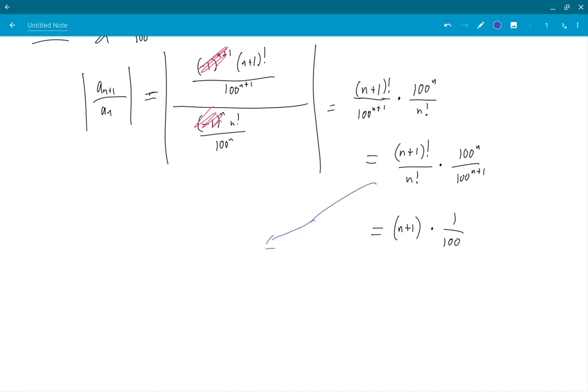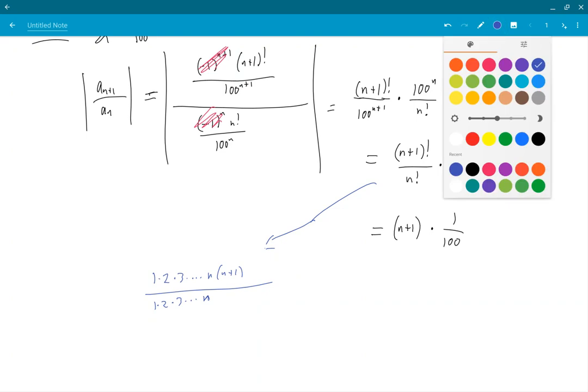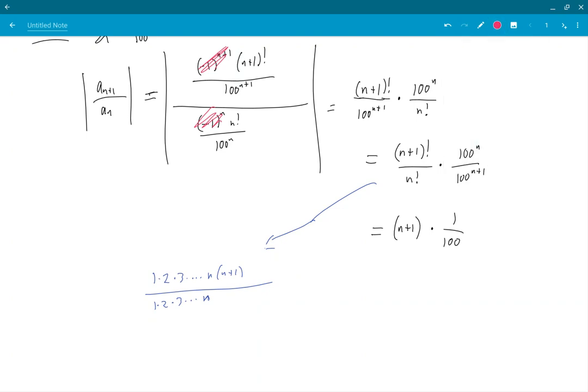So this is a factorial cancellation. On top, you have 1 times 2 times 3 times n times n plus 1. On the bottom, you get 1 times 2 times 3, almost the same thing, but you're just missing a factor on the bottom.